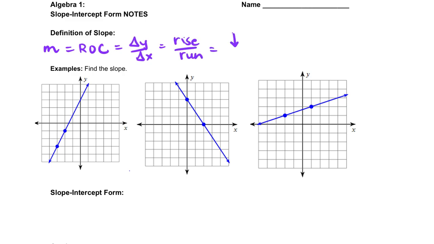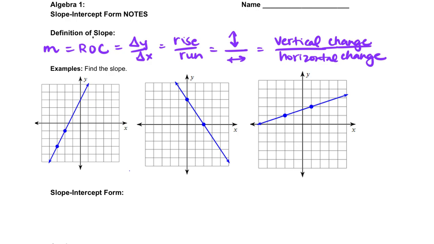Remember that rise is your vertical or up and down change, and run is your left and right change, or your horizontal change.